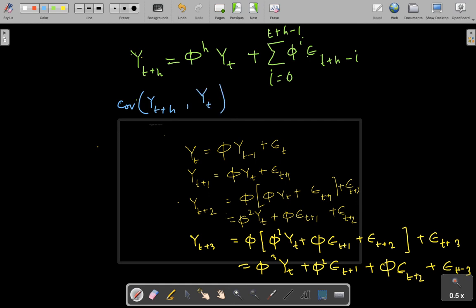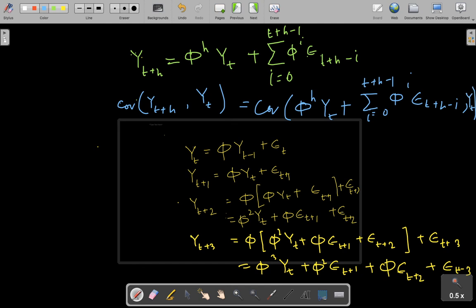If I expand that, yt plus h is going to be phi power h yt plus the sum over i equals 0 to h minus 1 of phi power i epsilon t plus h minus i. So that's my yt plus h, comma, my simple yt, right?